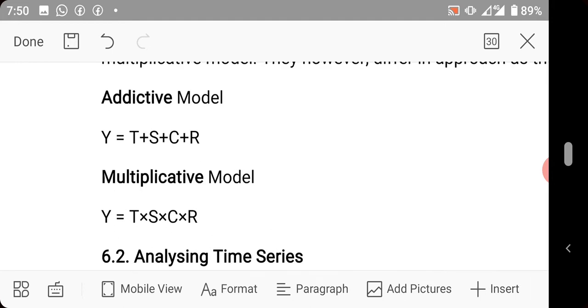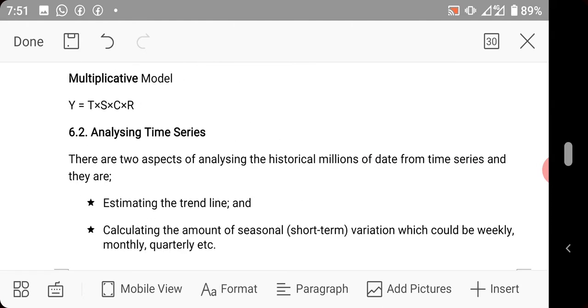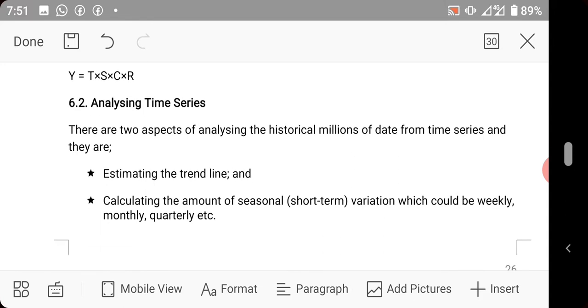Additive model is simply T plus S plus C plus R, while multiplicative model is T times S times C times R, where T stands for trend, S stands for seasonal variation, C stands for cyclical, R stands for random, YT stands for trend, and Y is the observed data.